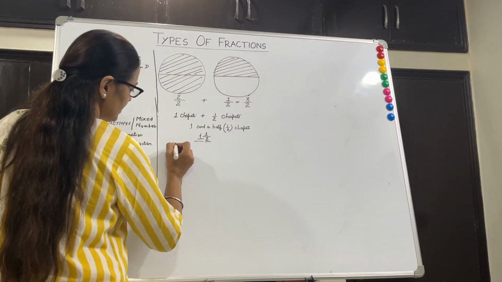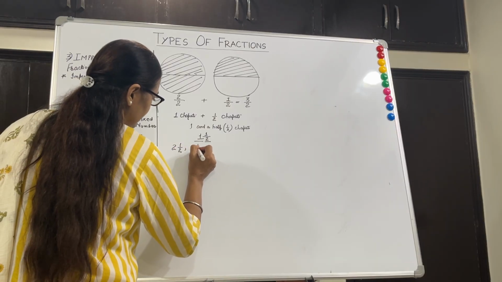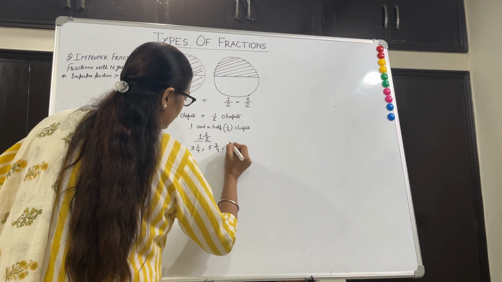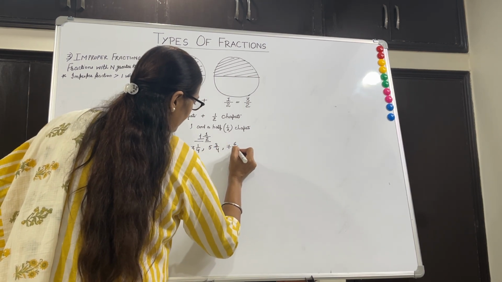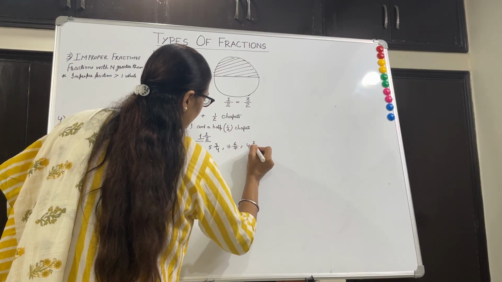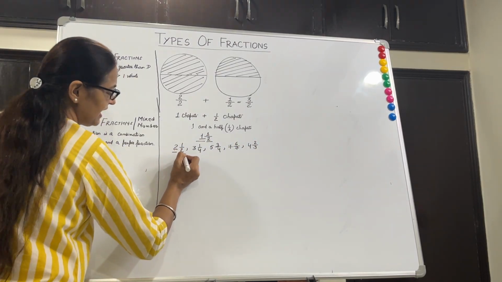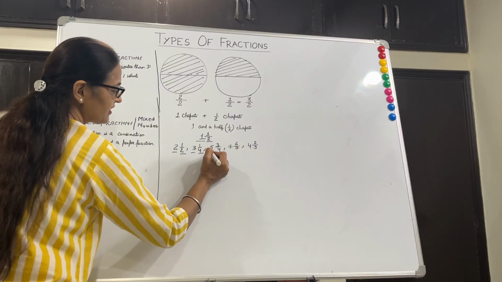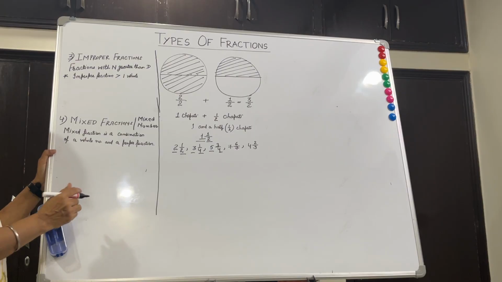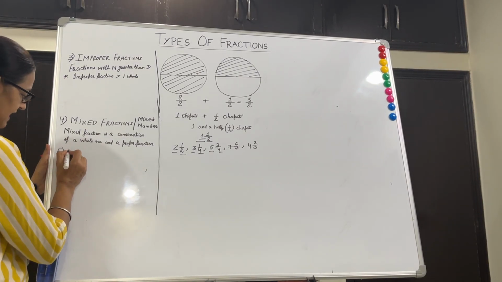Now I'll give you more examples of mixed fractions. 2 1 upon 2, 3 1 upon 4, 5 3 upon 4, 7 6 upon 7, 4 2 upon 3. All these are mixed fractions because they are a combination of a whole number and a fraction. Okay? Understood?